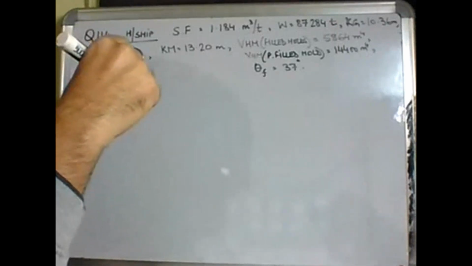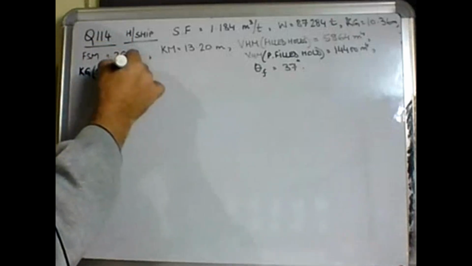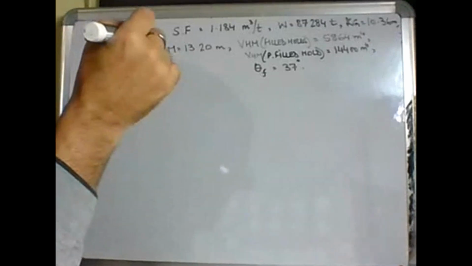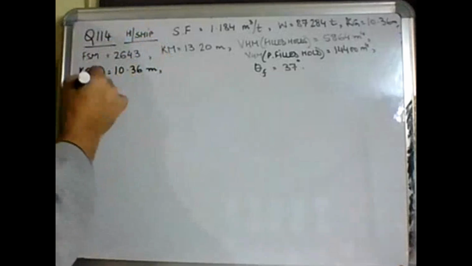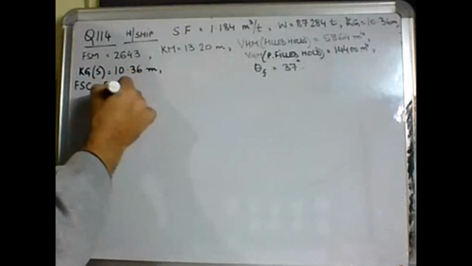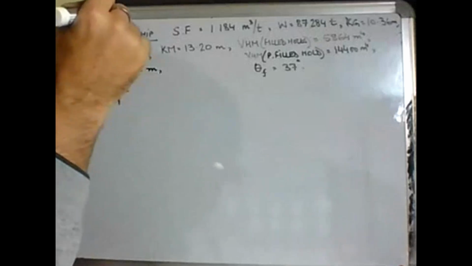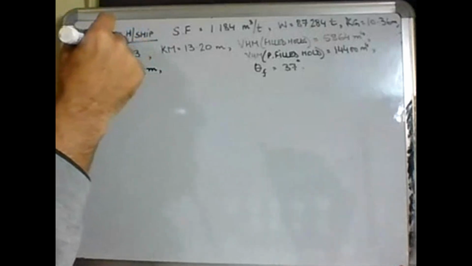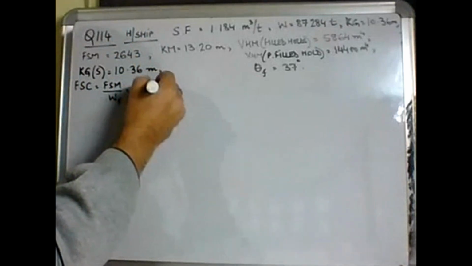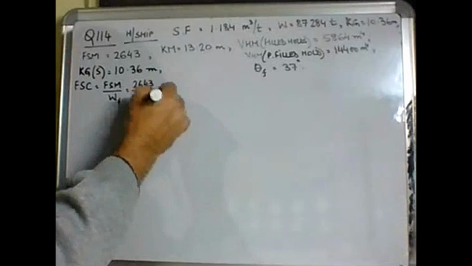So the KG solid is given to us as 10.36 meters. FSC will be FSM divided by W. So FSC will be equal to 2643 upon 87,284.